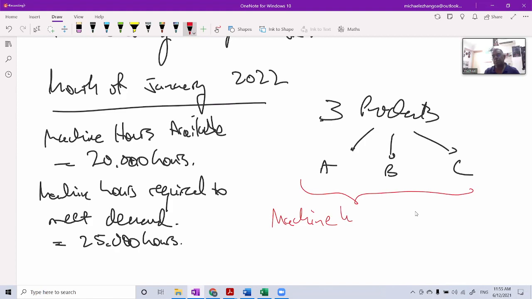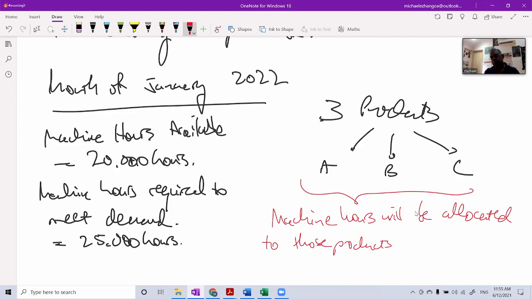Machine hours will be allocated to those products that maximize contribution per machine hour.